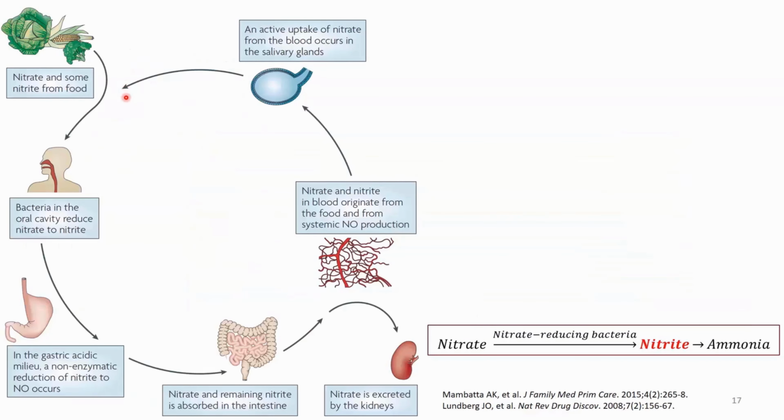So here's the nitrate cycle. Basically, nitrates are important. As you eat food, nitrate will be part of the food that comes into the body, and of course the bacteria that are part of the flora will use nitrate as food, and this cycle continues.